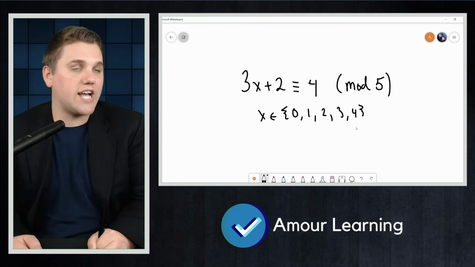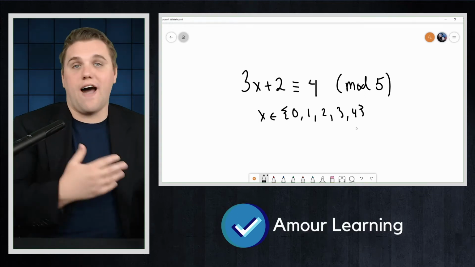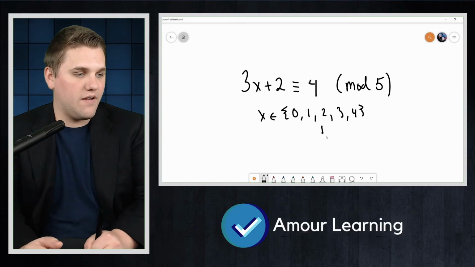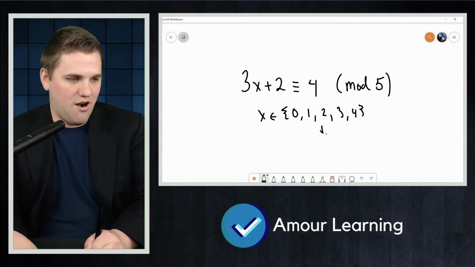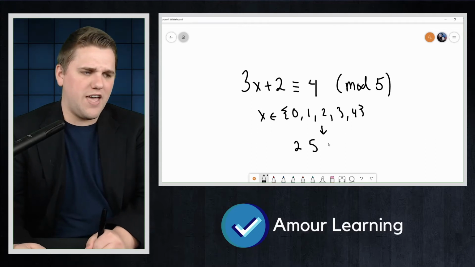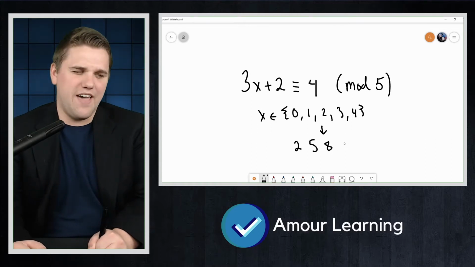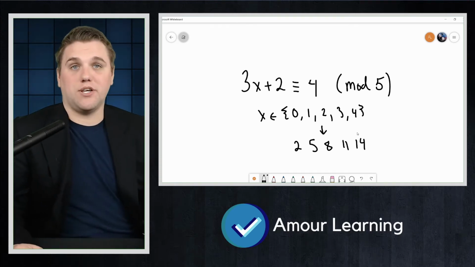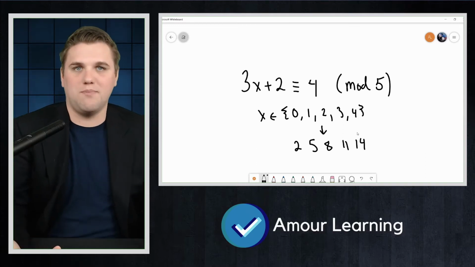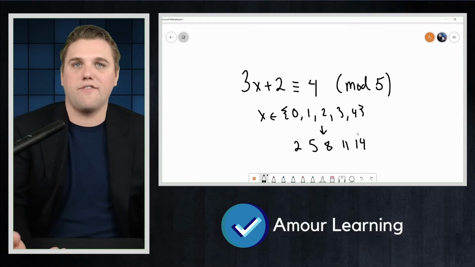So just test 3x plus 2 with all 5 of these options. If we plug it in, this gives 2, 5, 8, 11, and 14. That's 3x plus 2, and only 14 is congruent to 4 mod 5.